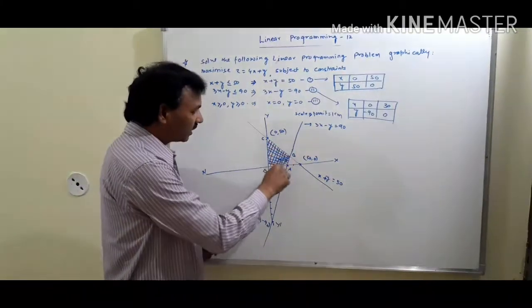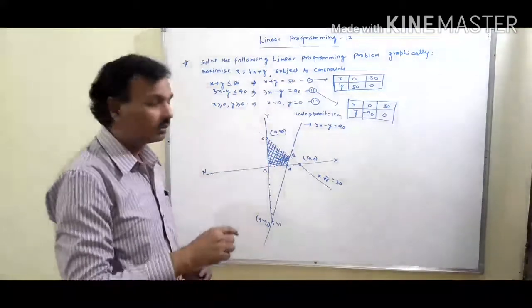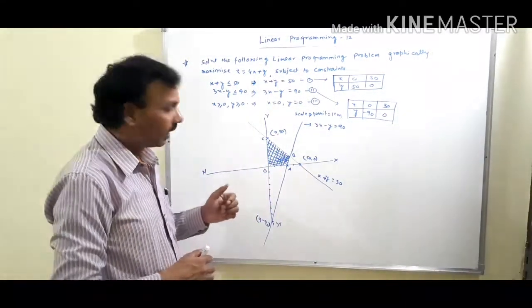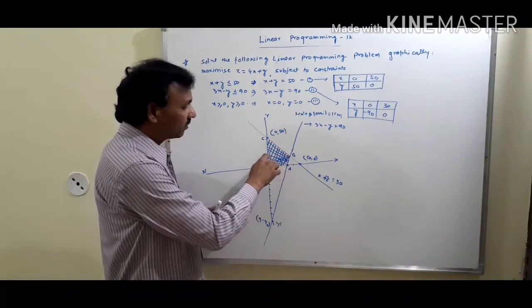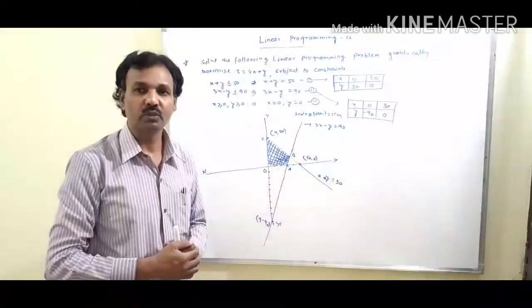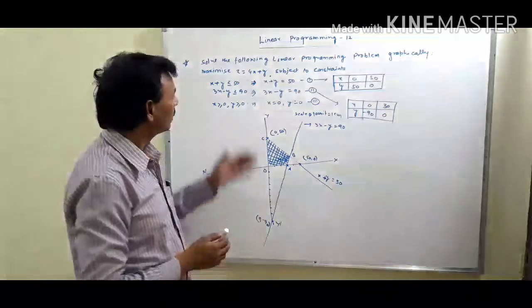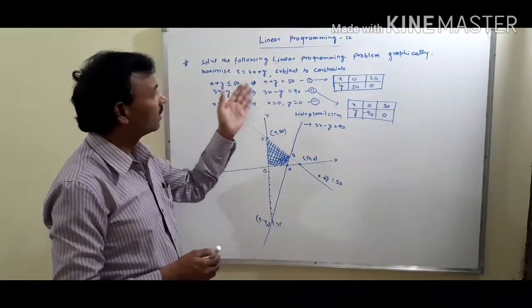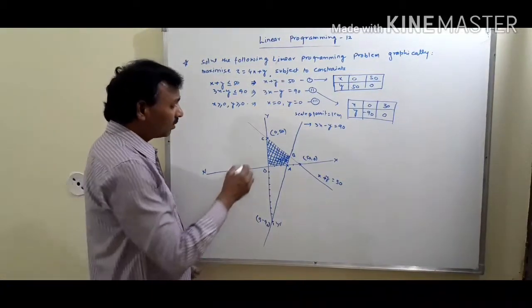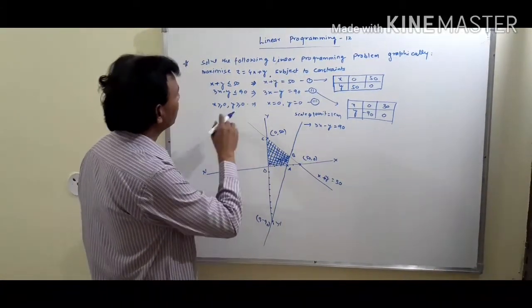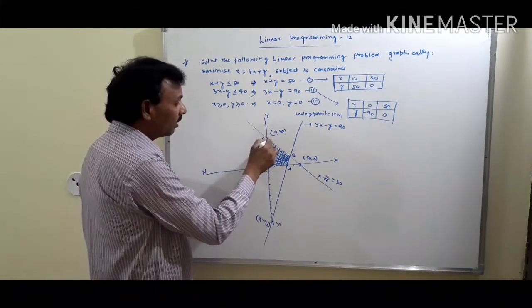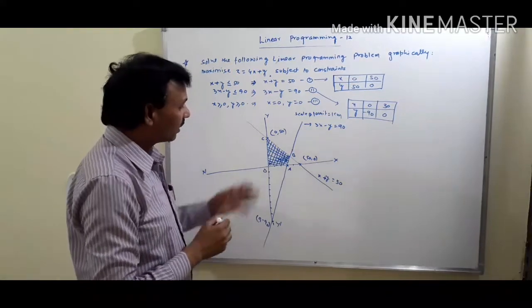All points in this region are known as feasible points, and all points in this region are feasible solutions of this problem. Is it clear? Now, since we should maximize z equal to 4x plus y, we will take all corner points.